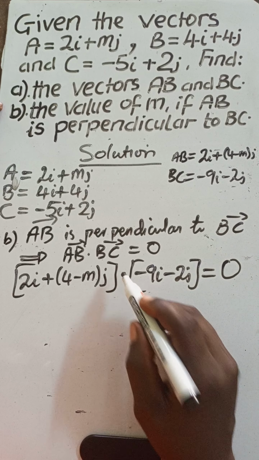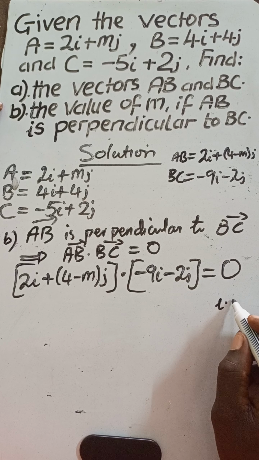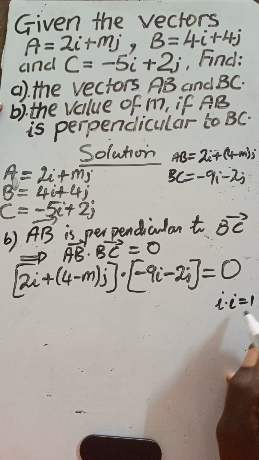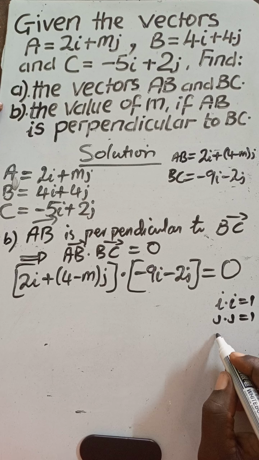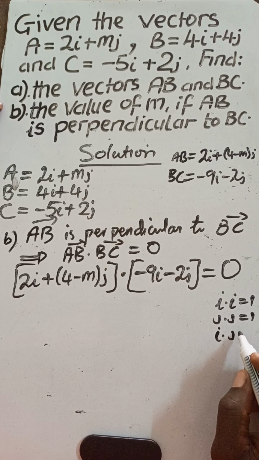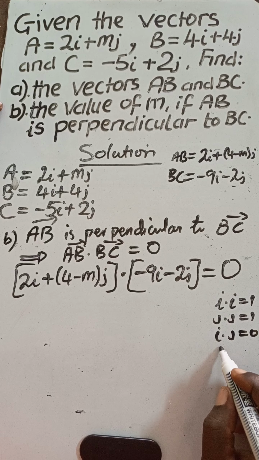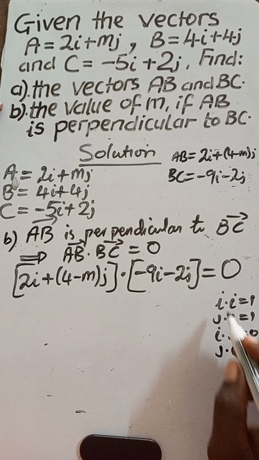With dot product, we need to understand the following. i dot i is 1. j dot j is 1. But when the components are different, i dot j will always be 0. It's the same thing as j dot i being 0.